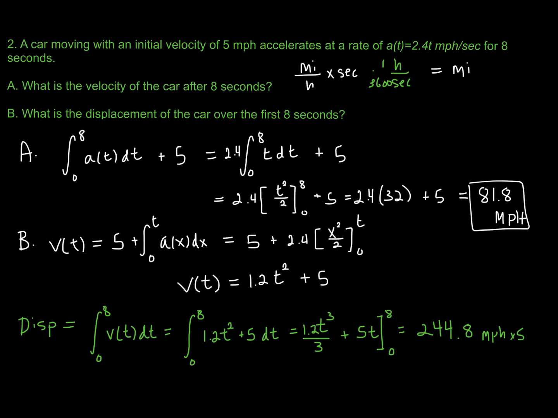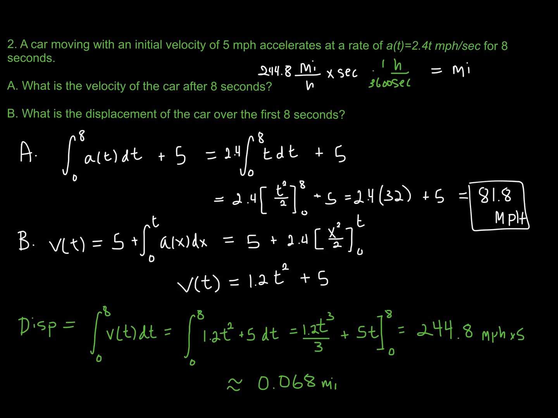So you'll need to multiply your 244.8 miles per hour seconds times 1 over 3,600 hours per second. And that way, hours over hours, seconds over seconds, you'll end up with a certain number of miles. So if you do that multiplication, you're going to end up with 0.068 miles approximately.